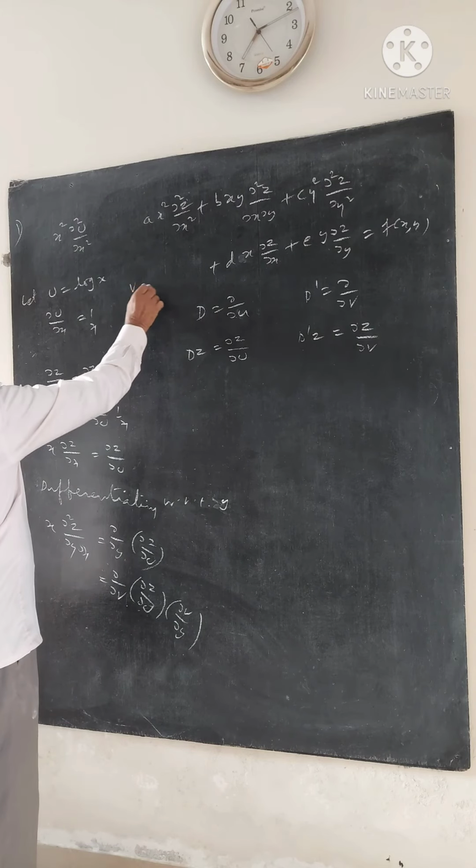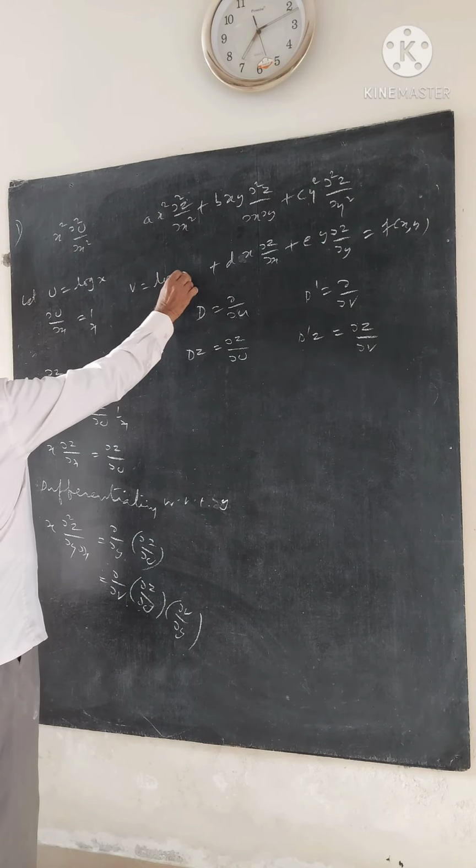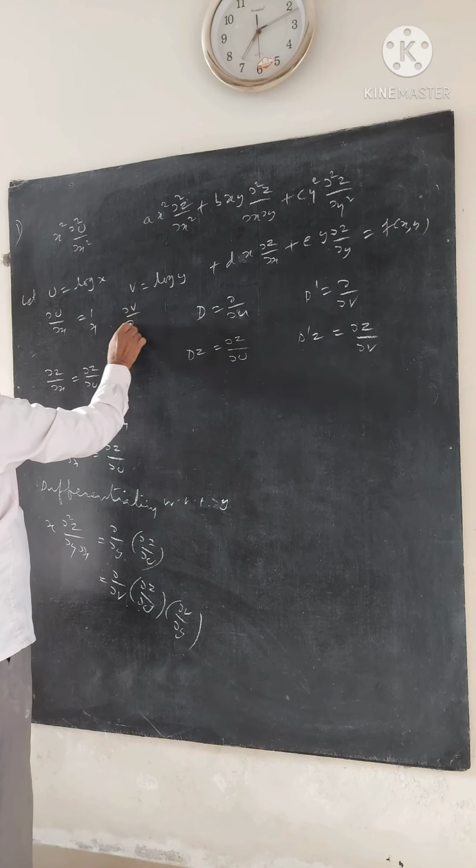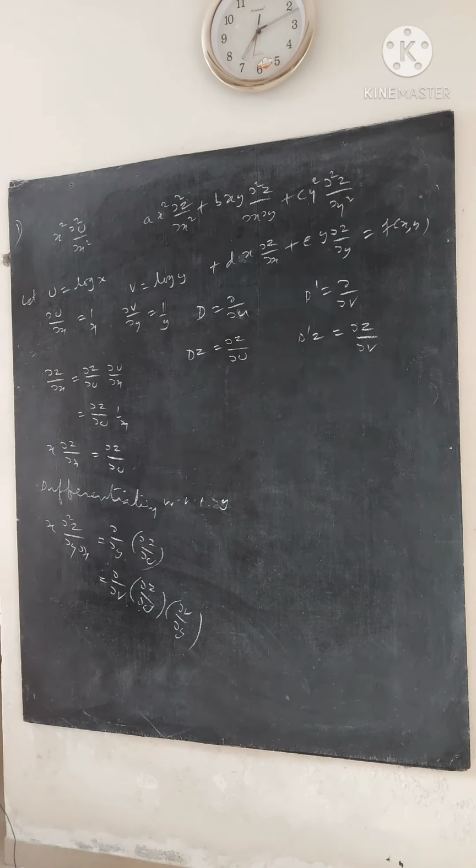Take v equal to log y, so ∂v/∂y equals 1/y.